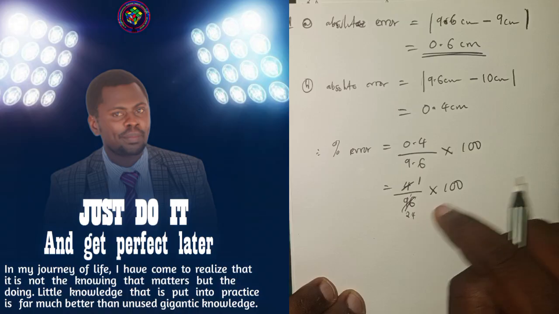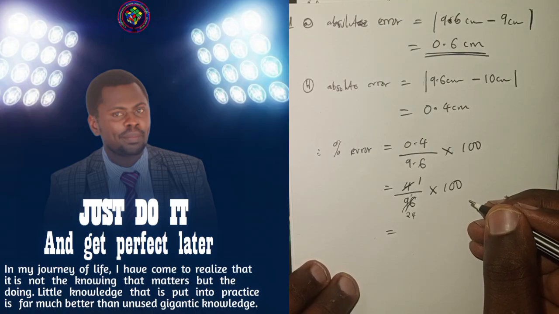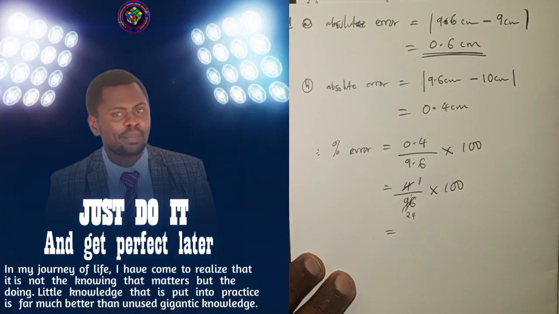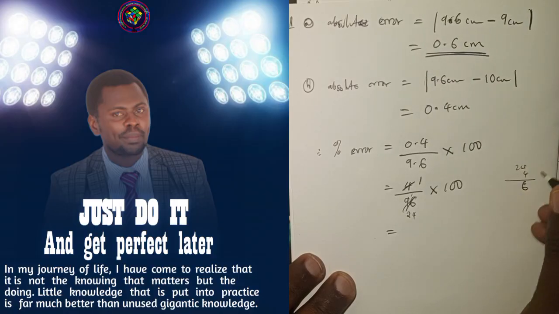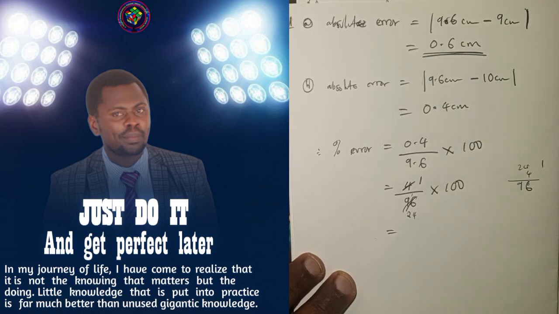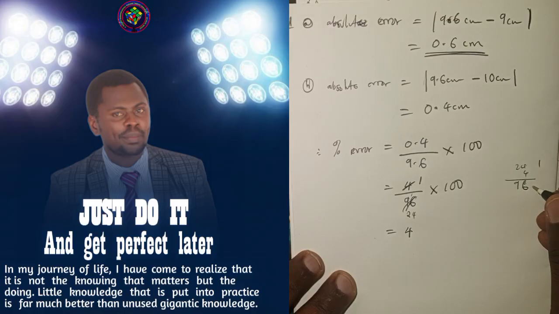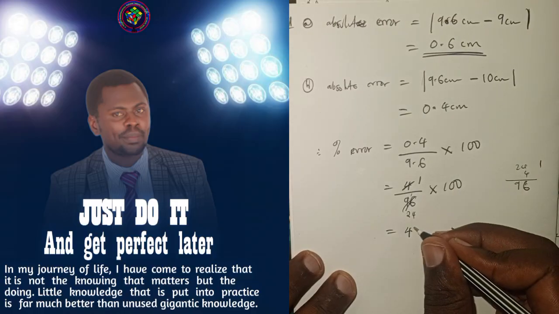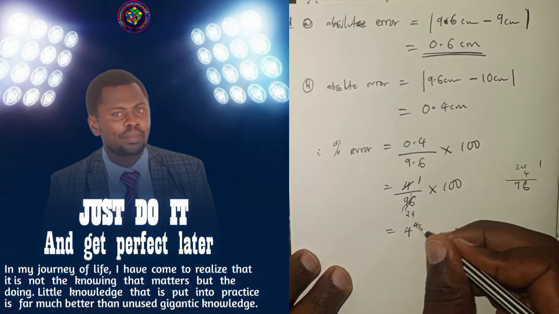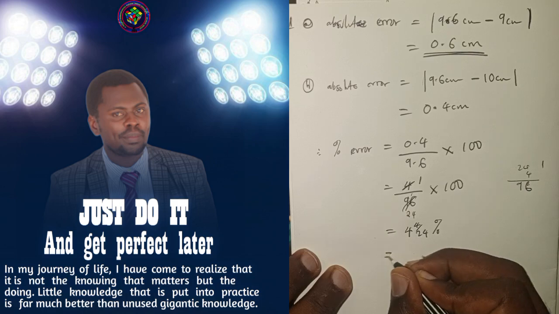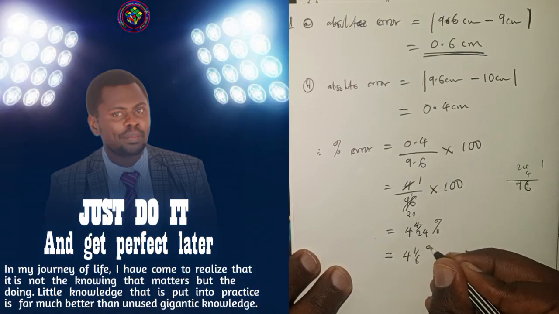We simplify again. 24 times 4 is 96, so 24 in 100 is 4, with a remainder of 4, so it's 4 over 24 percent. Simplifying, 4 in 4 is 1, 4 in 24 is 6. So we have 1 over 6 percent.